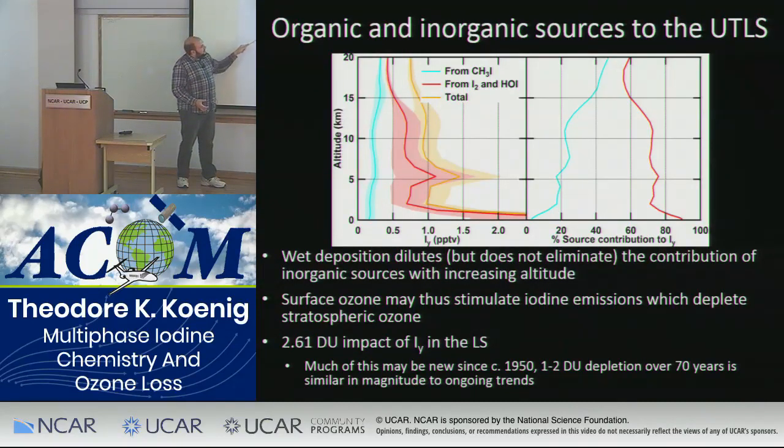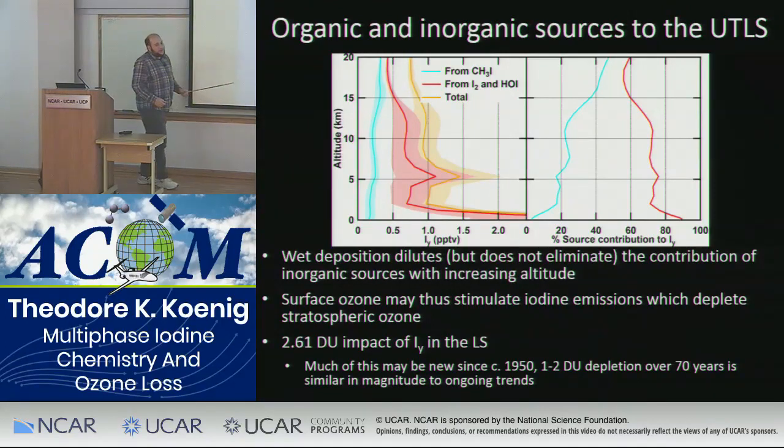We can see that the inorganic iodine dominates at the surface, but then has a fading dominance as we go to higher altitude, and this essentially reflects washout. HOI is the dominant species, and it's somewhat soluble, so it will eventually be removed from the atmosphere by wet deposition. We don't completely remove it, but we reduce its importance relative to organic iodine.